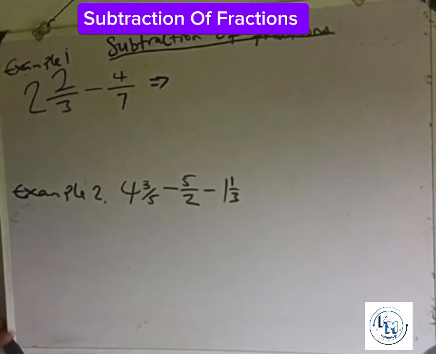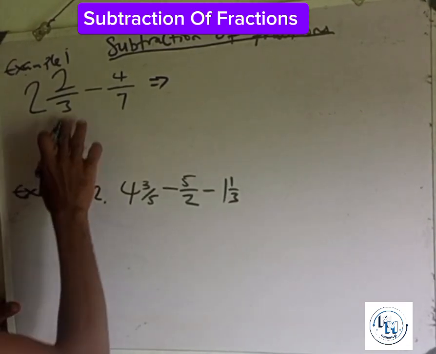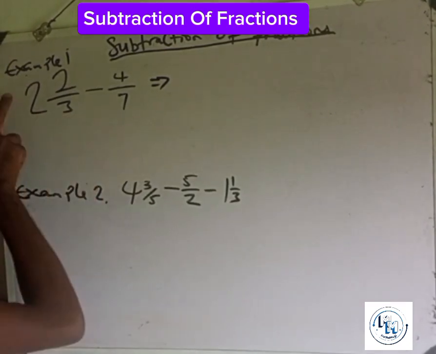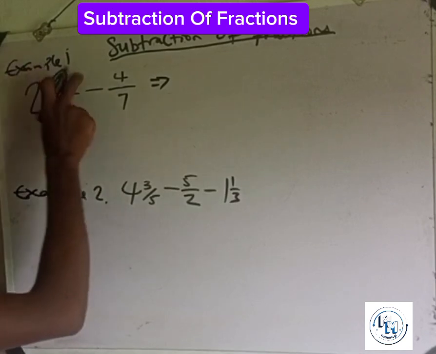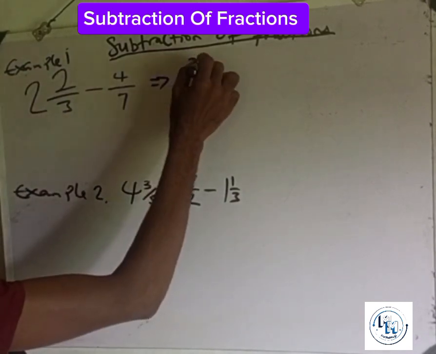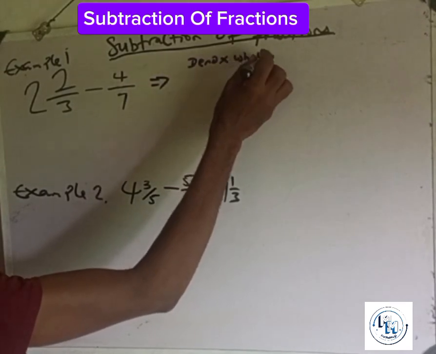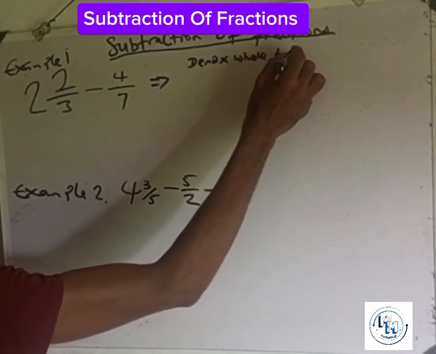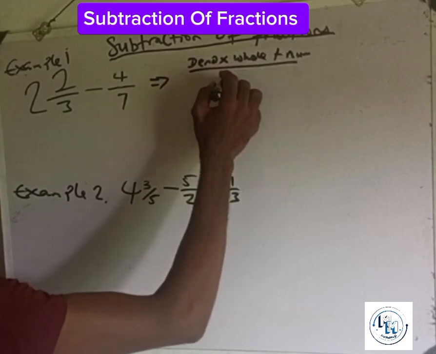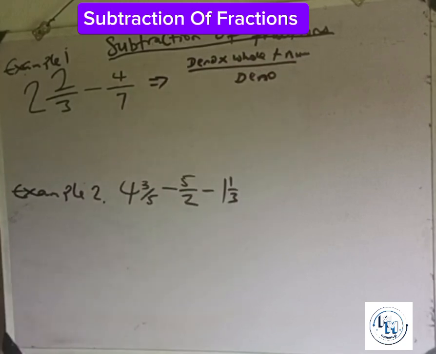The first thing we have to do is to change the mixed number to improper fraction. Remember I told you that yesterday: denominator times whole number plus numerator, all over denominator.